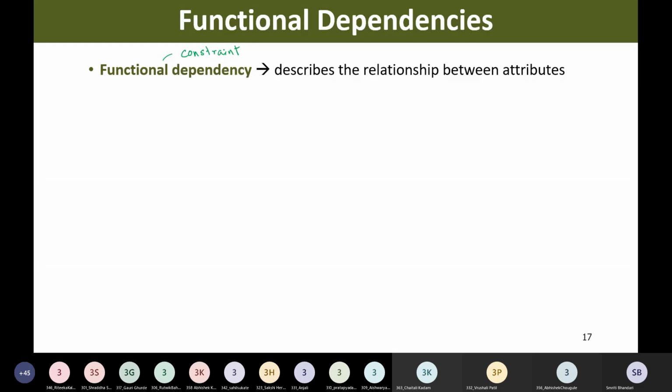Let's see first what we mean by functional dependency.